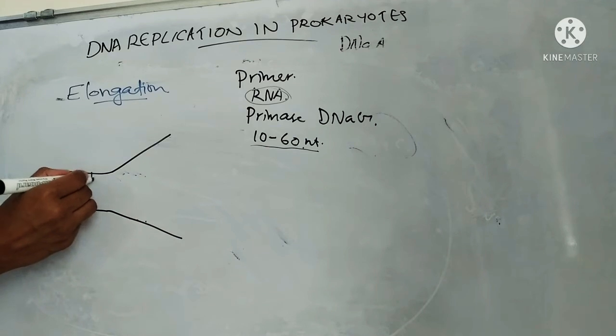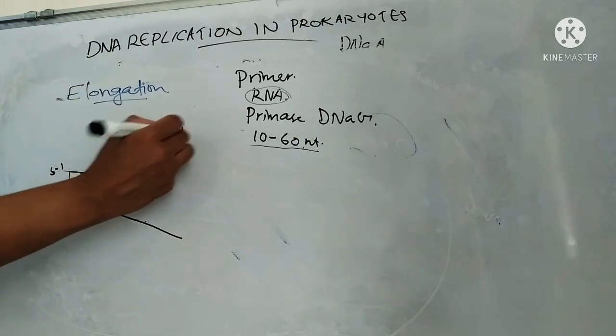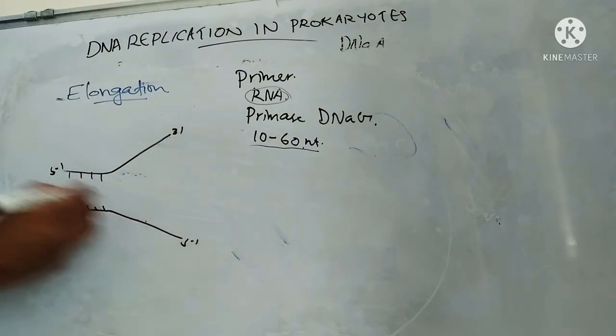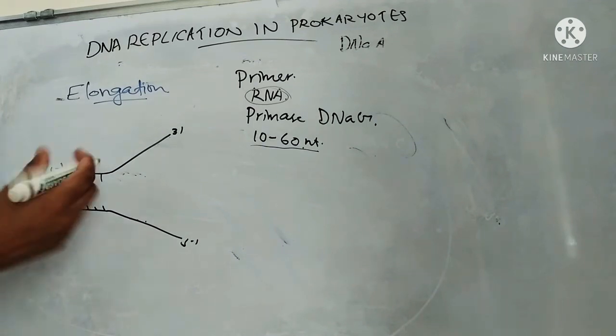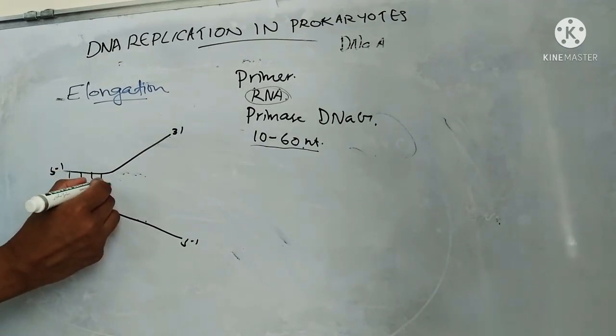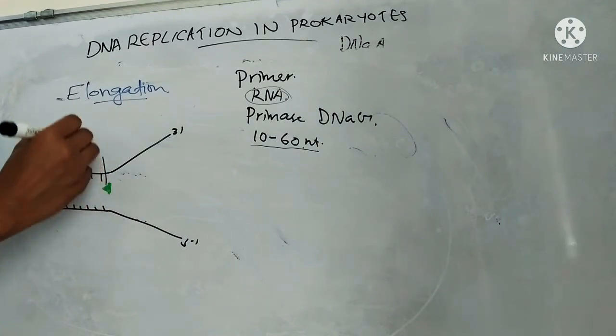So, this is the parent strand. Here 5 prime, 3 prime, 3 prime, 5 prime direction. Here the helicase will come.